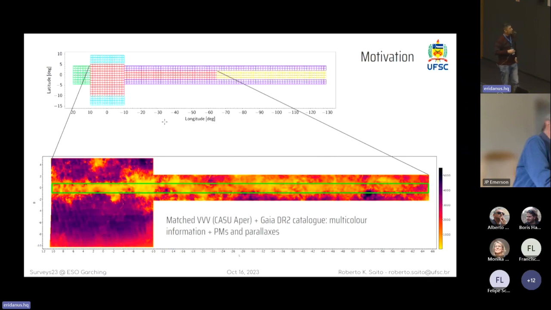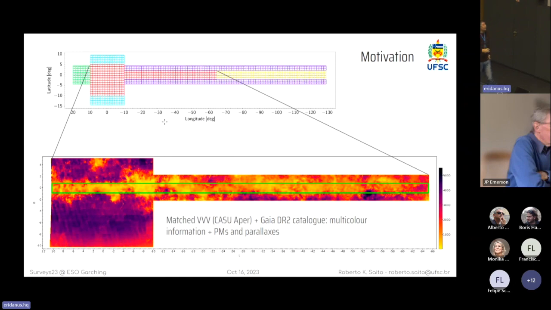Here I'm showing a matched catalog between the VVV data and Gaia. Gaia is optical data, so it's very clear that the density of stars decreases toward the galactic center because of extinction. Gaia is not able to see the other side of the galaxy.